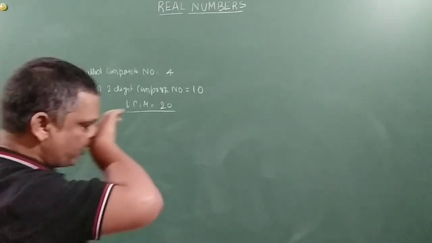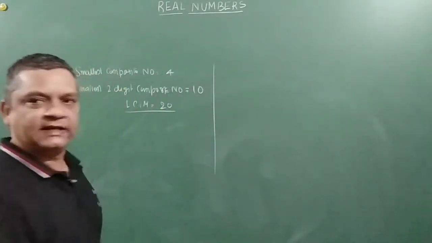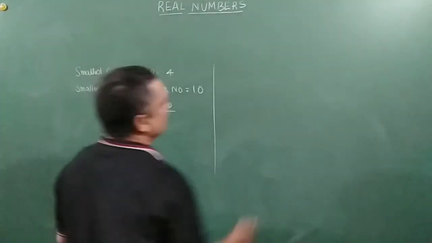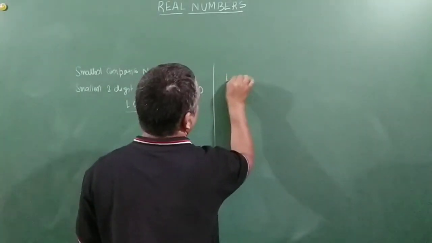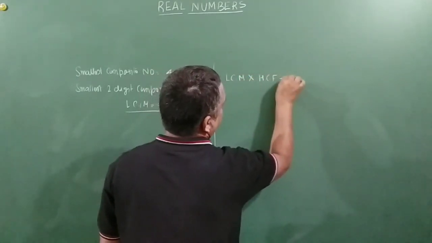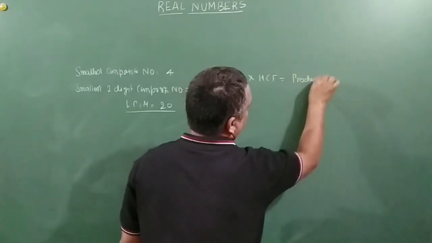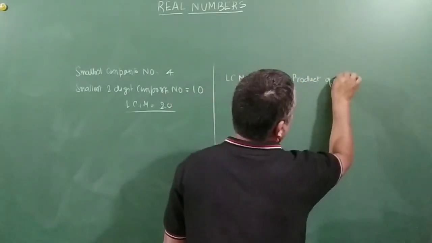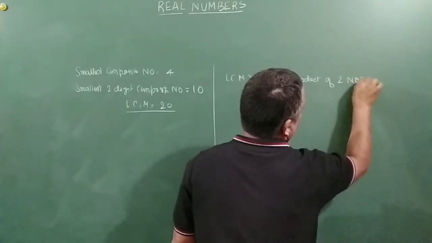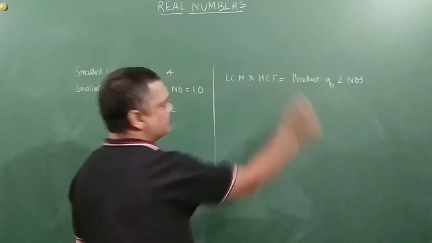Now, one more important concept which comes here generally: LCM into HCF is equal to the product of the two numbers. Okay? So LCM into HCF is equal to the product of two numbers, or first number into second number.